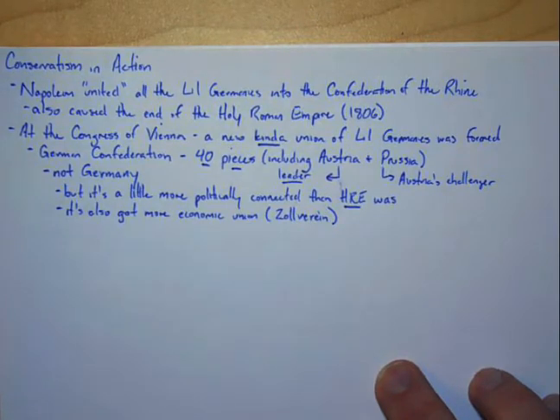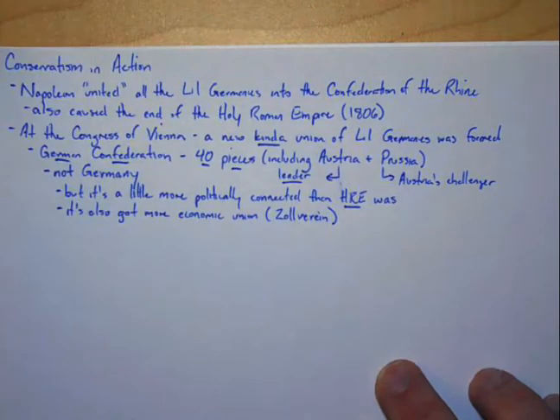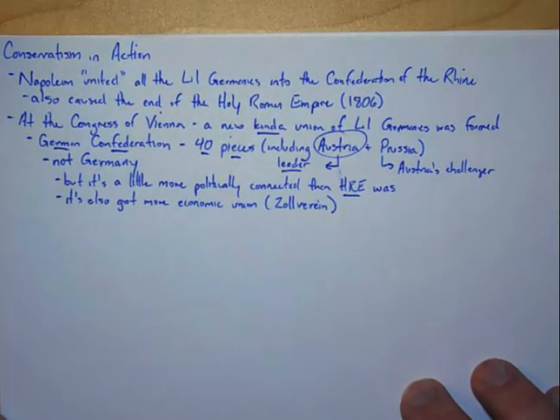So we've got this thing called the German Confederation. And Austria is the one that is in charge of it, which means that Metternich is kind of pulling the strings here.